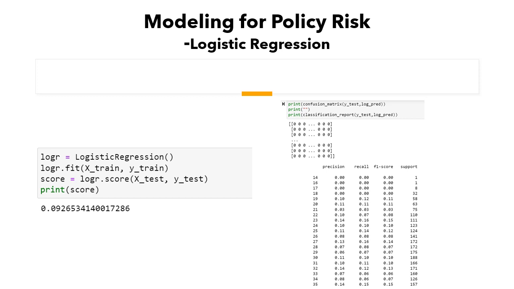I applied logistic regression for classification using the X_train and y_train datasets, and calculated the model's accuracy score on the test set, which was almost 0.0927, and you can see the results in the picture.